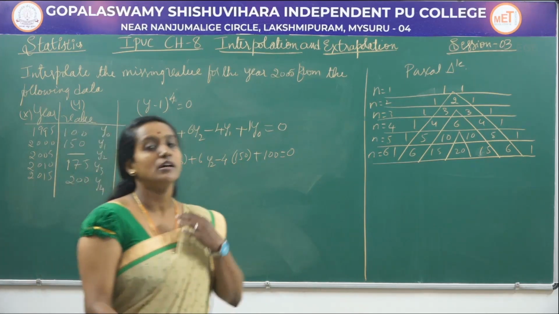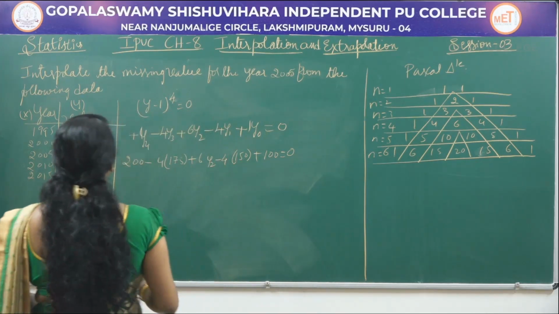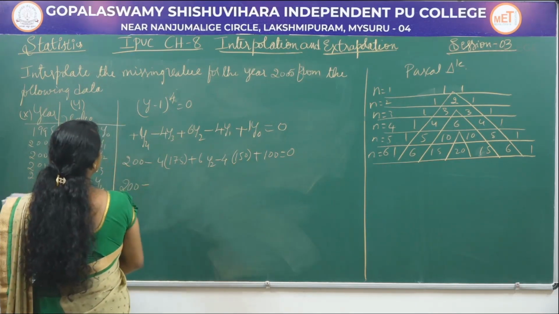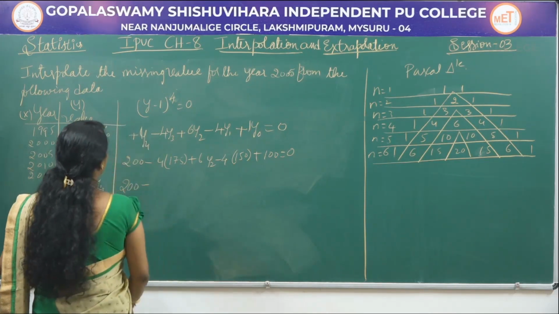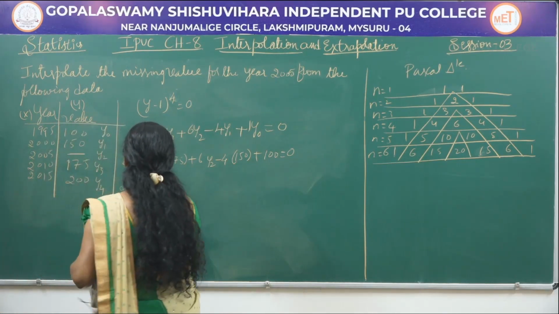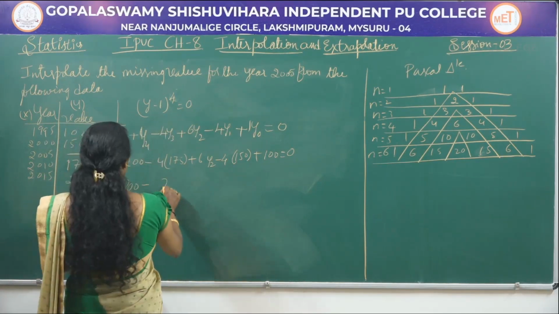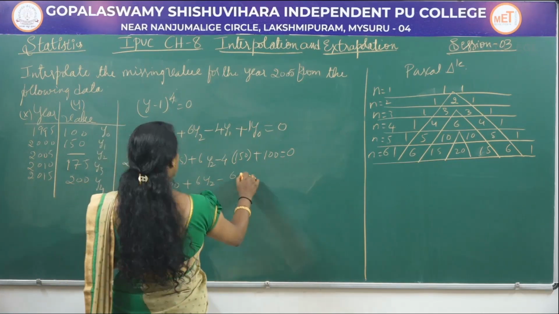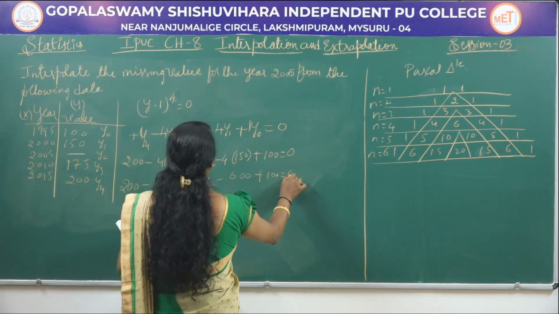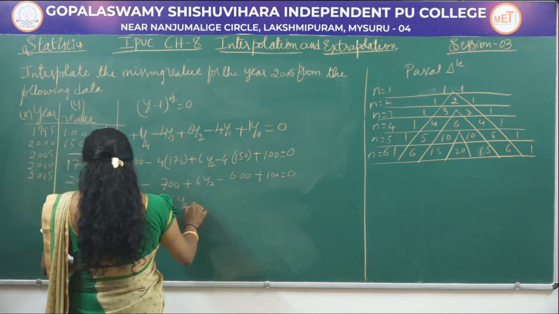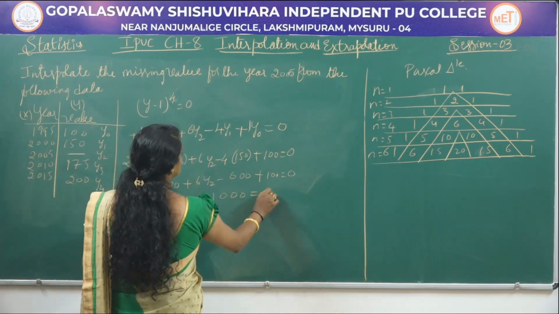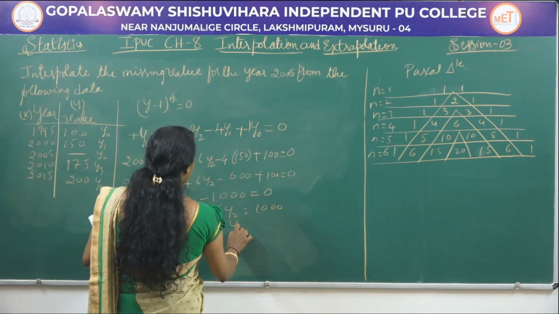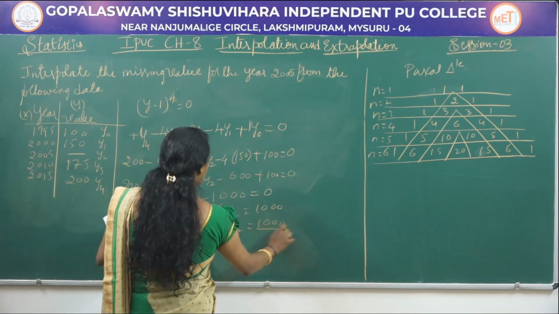Next, we will go for the simplification. It is 200 minus 4 into 175, which is 700, plus 6y2 minus 600 plus 100 is equal to 0. 6y2 minus 1000 is equal to 0. 6y2 is equal to 1000. y2 is equal to 1000 divided by 6.